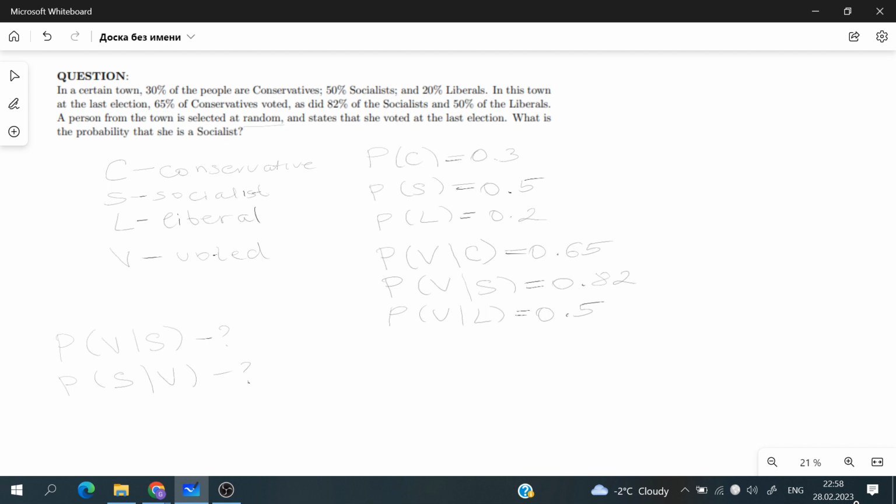These two are very different, alright? And by the way, the first information is already given and equals here 82%. So we're not looking for this one, right? Let's cross them out.